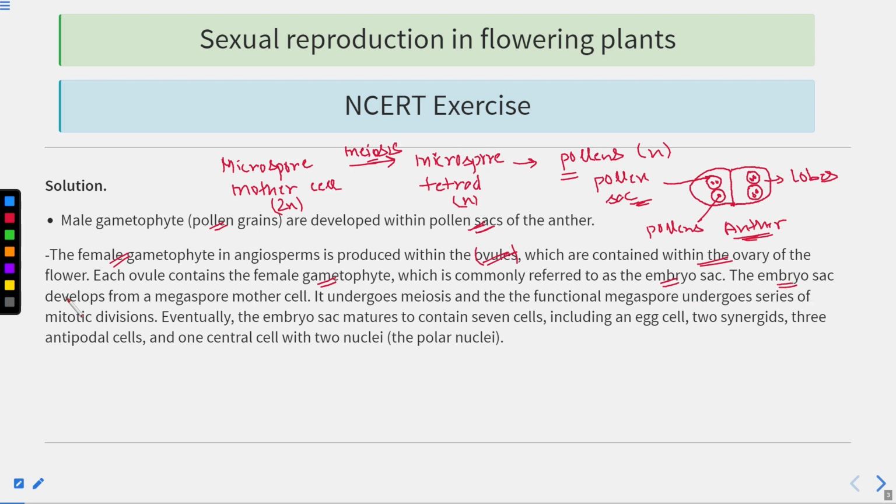The embryo sac develops from the megaspore mother cells. So what happens? So this is the megaspore mother cell. This megaspore mother cell will be diploid. Now it undergoes meiosis to produce a megaspore tetrad.